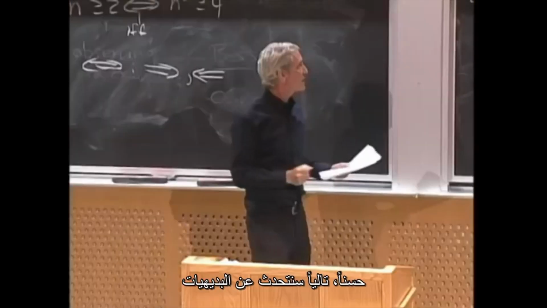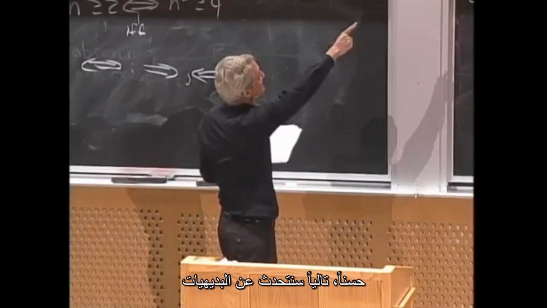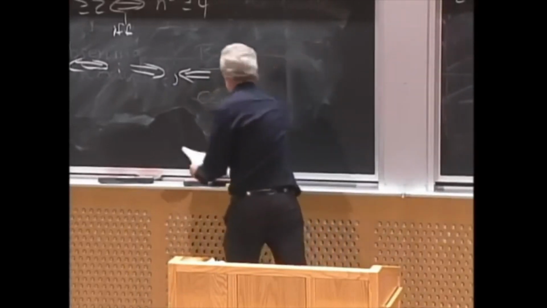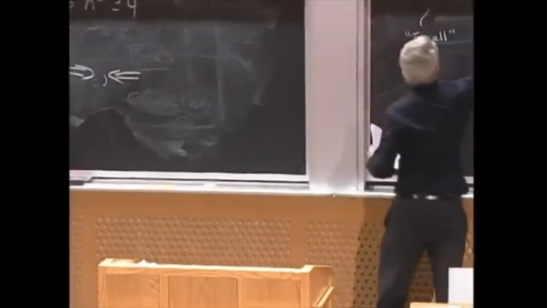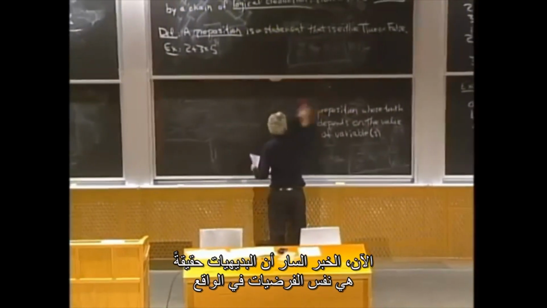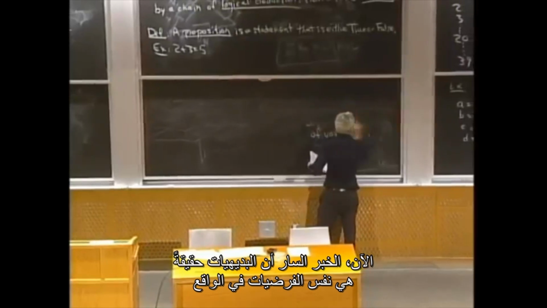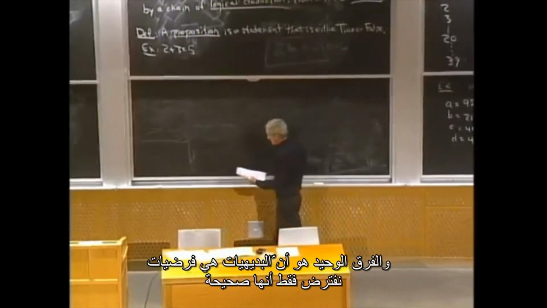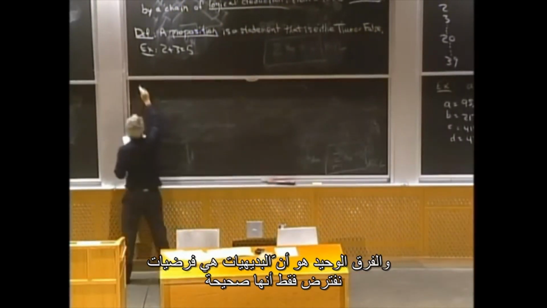All right. Next, we're going to talk about axioms. Now, the good news is that axioms are the same thing, really, as propositions. The only difference is that axioms are propositions that we just assume are true.